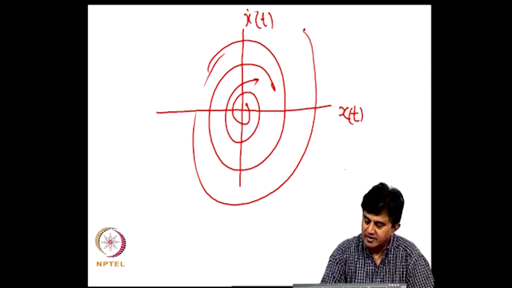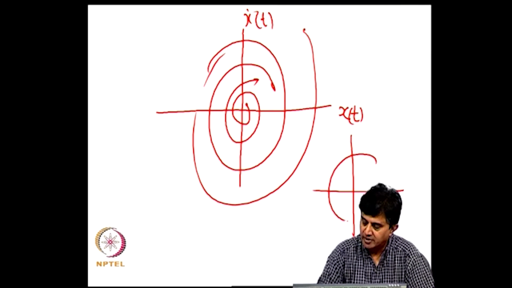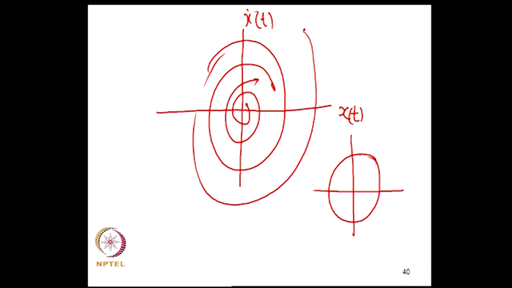So, in between there will be a periodic orbit to which the response will move towards in the steady state. These periodic orbits are known as limit cycles.